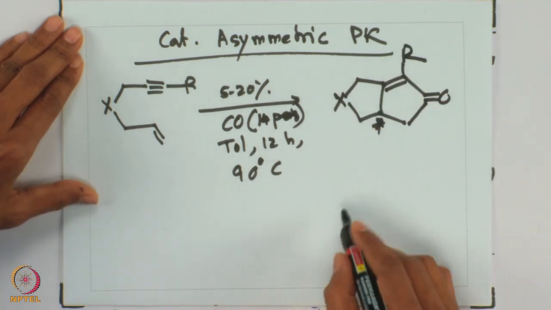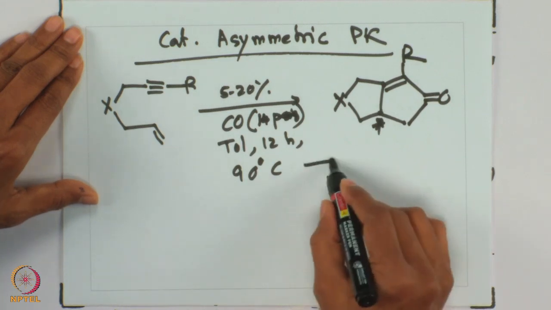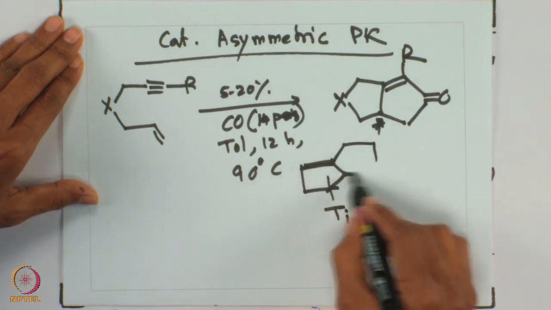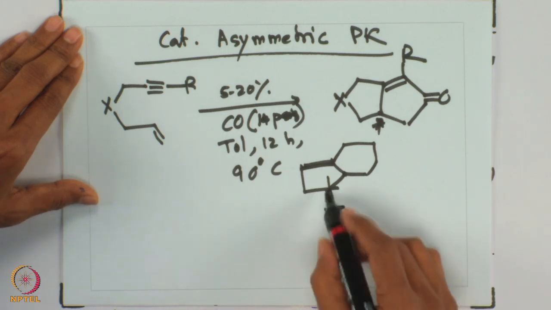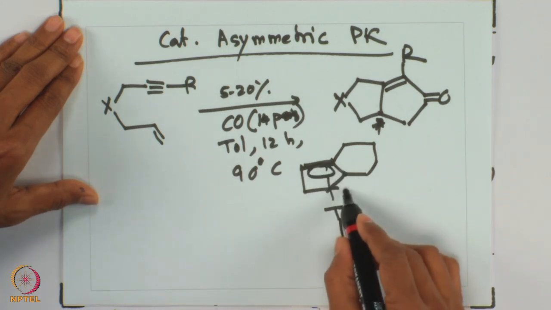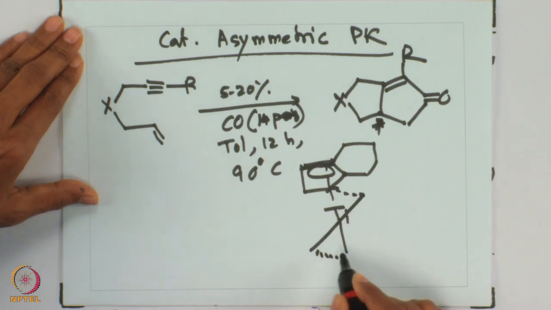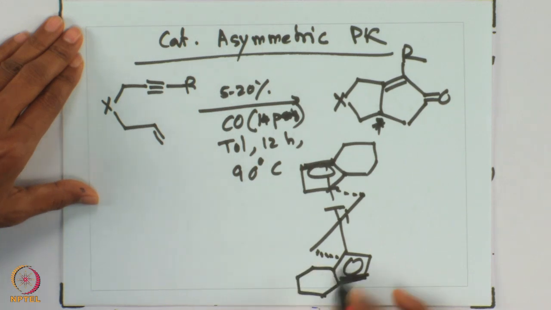The catalyst that is used for these cases are quite interesting one, and nowadays it is a very familiar one and popular one as well. And this gives the product quite efficiently, and this product formation can be done under relatively mild condition, as you see 90 degree C is very efficient for this sort of product.